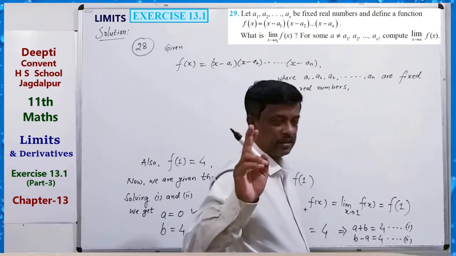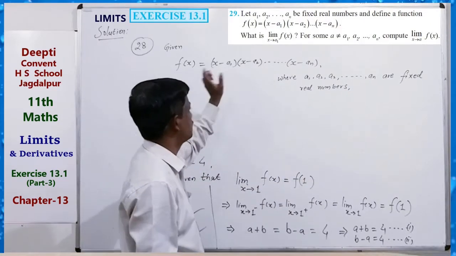Okay, these are the fixed numbers and this is the function defined.